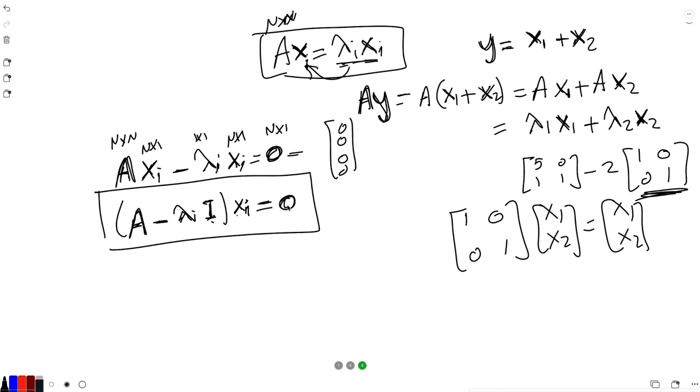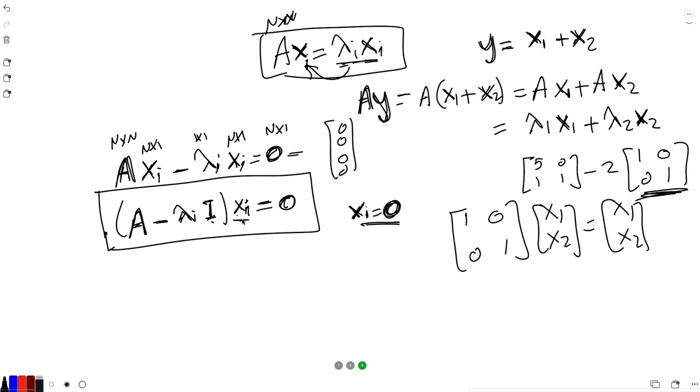Mathematically, xi equal to 0 will achieve this equation, but it will be a trivial solution, and we are interested in a non-trivial solution in order to find the eigenvector. So the eigenvector should be a non-trivial vector. It cannot be an all-zero vector.